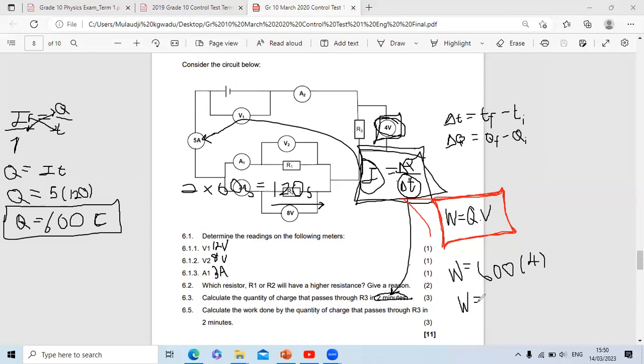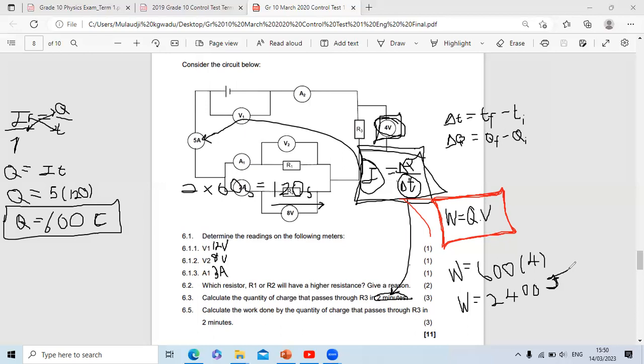Four times 600 is 2400. So you're gonna end up with 2400 joules.